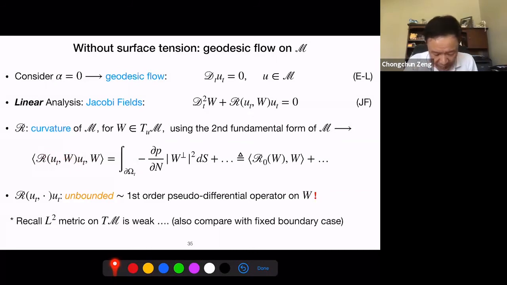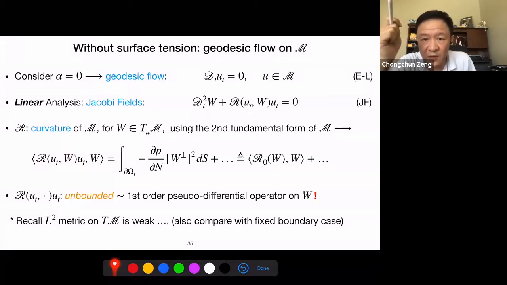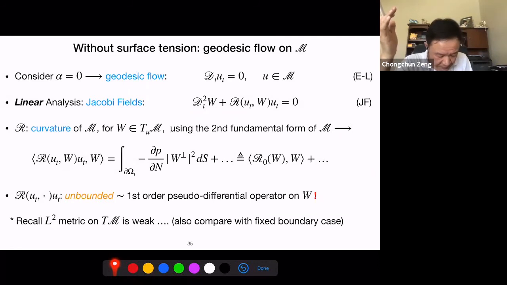If you compare this problem with the geodesic flow on the fixed domain, the Euler equation on the fixed domain could also be viewed as a geodesic flow on the configuration space, which is the Lie group of volume preserving maps on the fixed domain. Over there, the second fundamental form was a bounded bilinear transformation, so the curvature operator would also be a bounded self-adjoint operator.